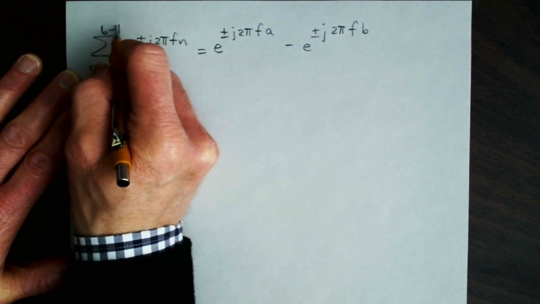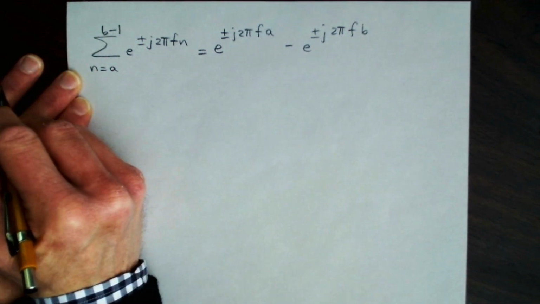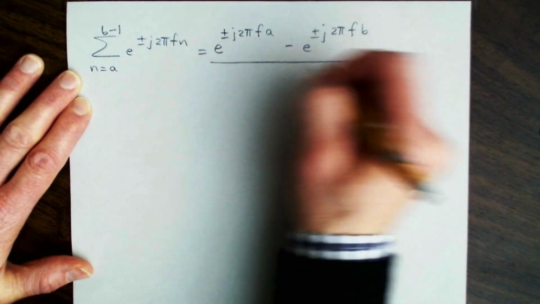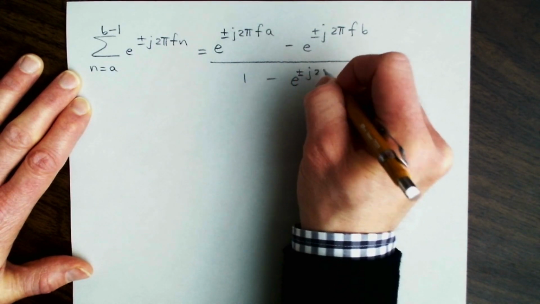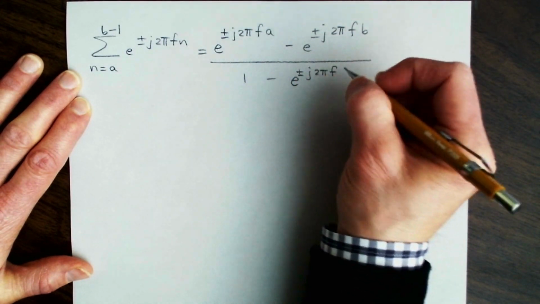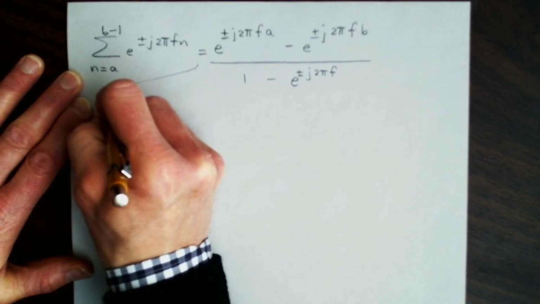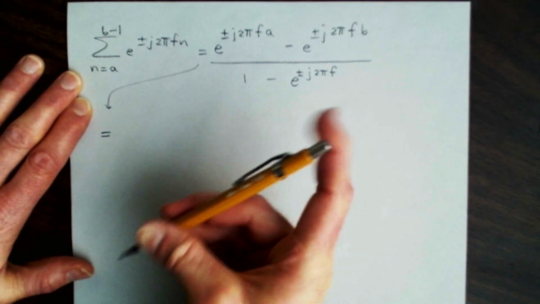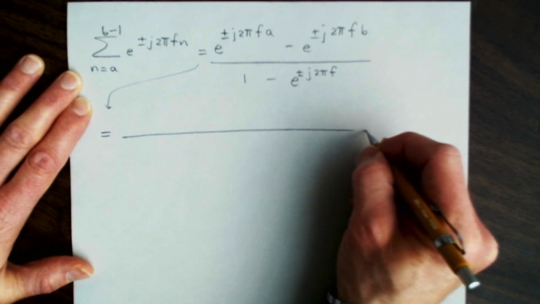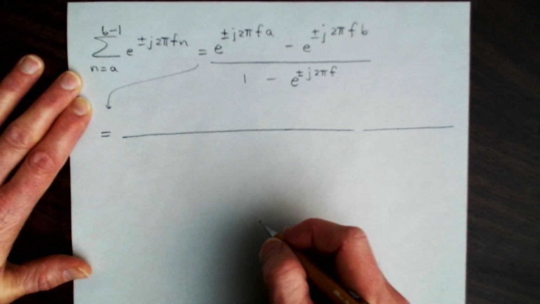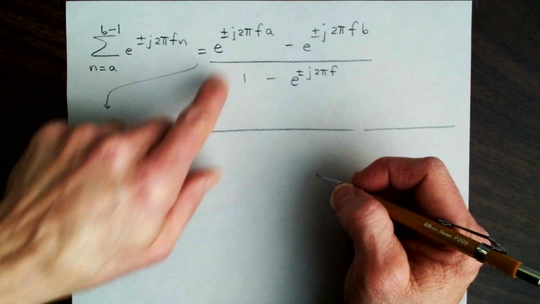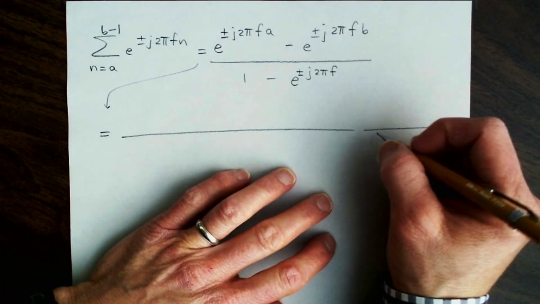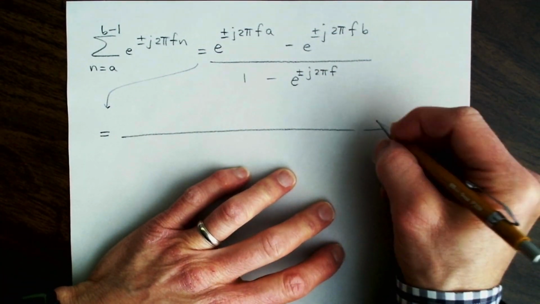What we do is we evaluate at the upper limit plus 1, divided by 1 minus e to the plus or minus j 2 pi f. Let's use our trick that we've learned about getting a symmetric exponent so that we can write it as the sine function.